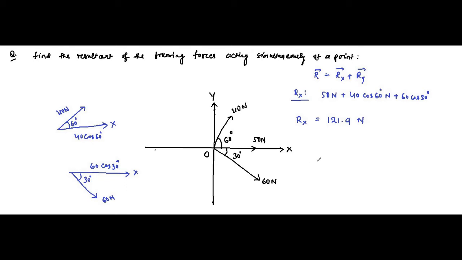So we have got the x component. Now we have to find the y component. For the y component, this 50 Newton force has nothing in the y direction. It is totally along the x-axis. So there is no component of this force along the y-axis, so that will be 0 Newton for 50 Newton.